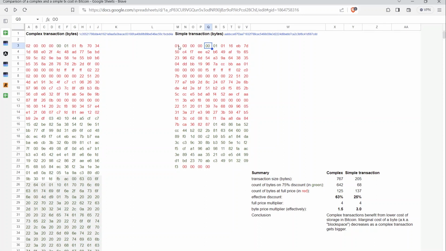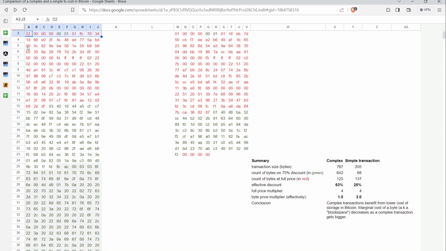And so here we've got this summary that the simple transaction, which we see here, consists of 205 bytes. The complex transaction consists of many more bytes.